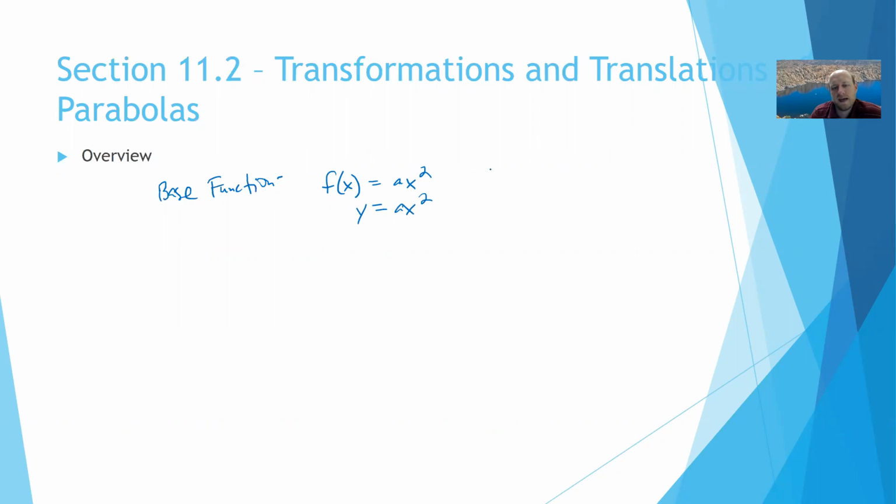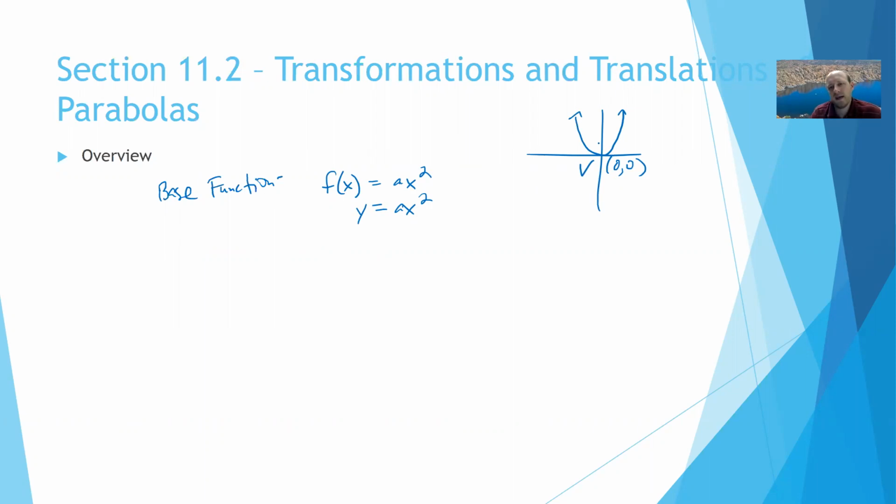In any x squared function without anything else in it, the vertex is going to be right there at 0, 0. So the vertex, v, is equal to 0, 0.